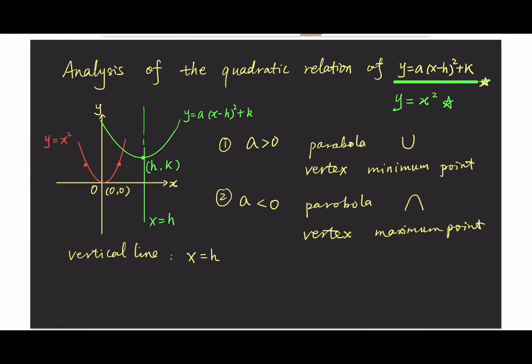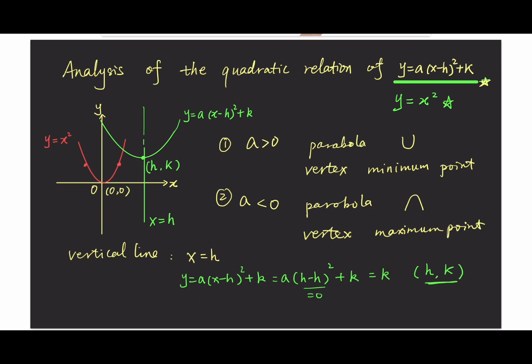Now if you plug in x equals h back into this generalized expression, we get a times (h minus h) squared plus k, where h minus h equals 0, so y equals k. That is to say, x equals h, y equals k. This is the vertex for the quadratic relation's graph.